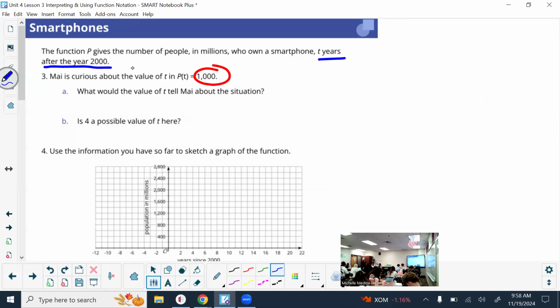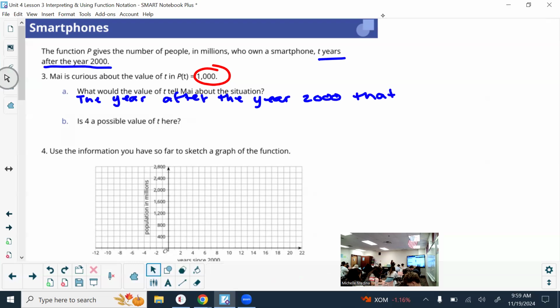Yep, it's in the description, years after 2000. So what it would tell her about this situation would be the year after the year 2000 that this many people owned a smartphone.